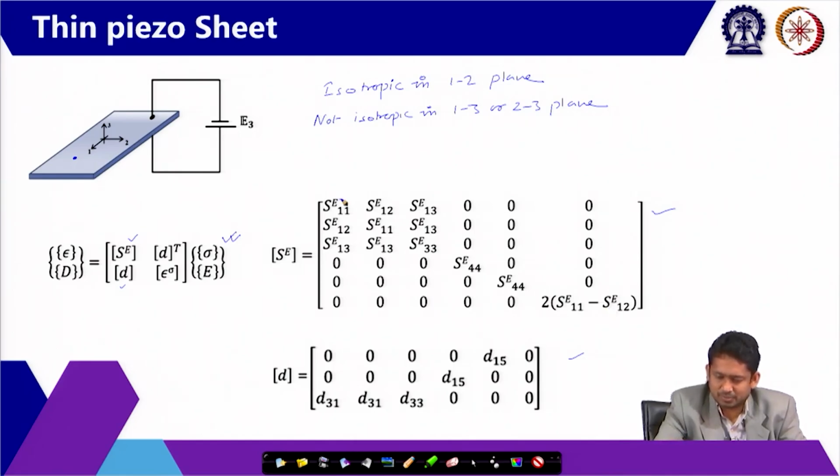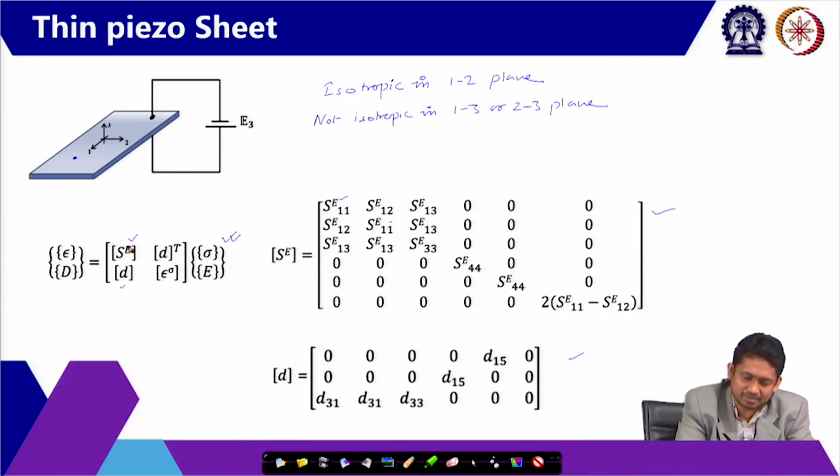So, S11 is equal to S22. So, we see S11 here also, and similarly S13 is equal to S23. So, we see S13 and S23 here also, and again please understand that these S's are considering that the other state variable is electric field. So, better we put a double stroke to be consistent with all of our notation that we have.